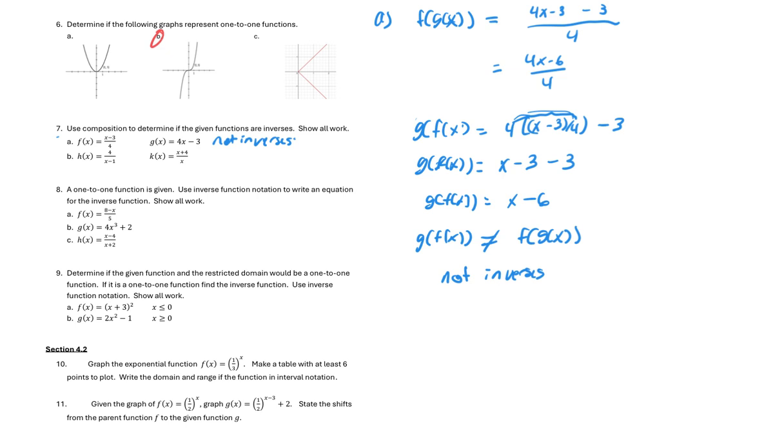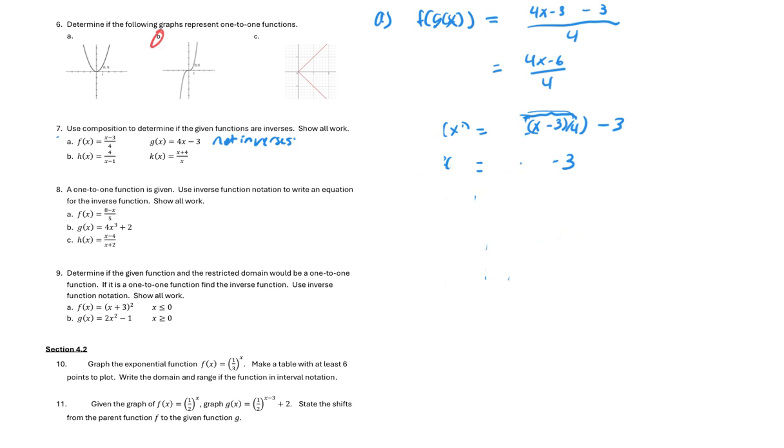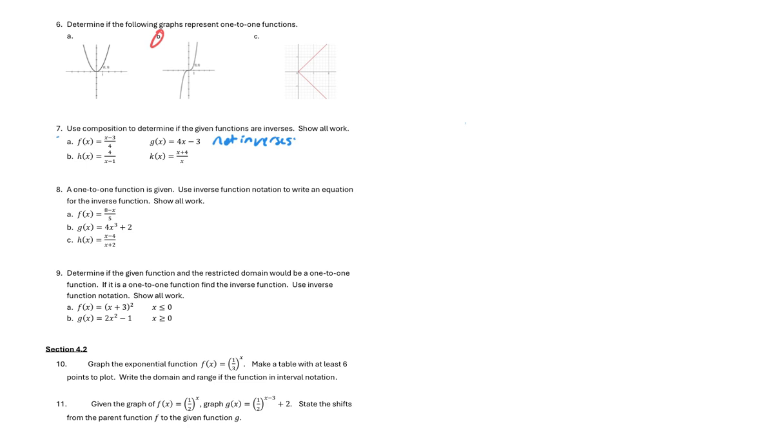So then we can look at h and k, part B. So we'll look at h of k of x. This is going to be 4 over x plus 4 divided by x, minus 1.